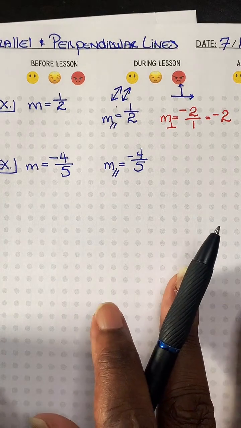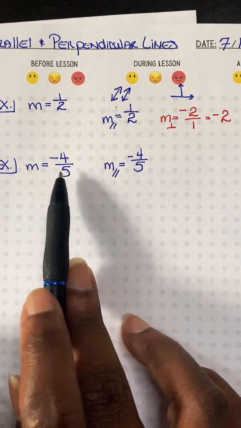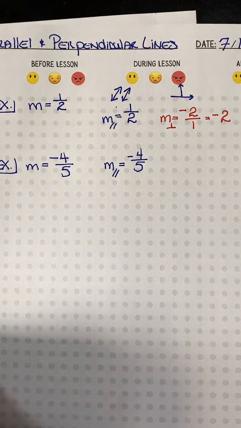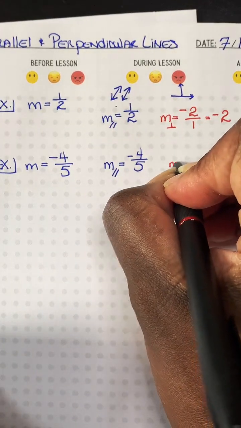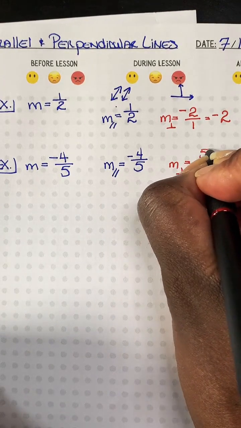On the test, they may have the reciprocal. The reciprocal of this is 5/4.